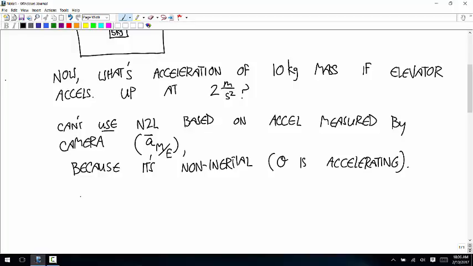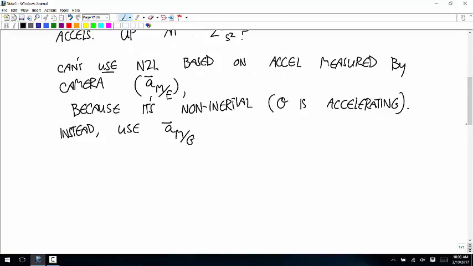So what we have to use is the acceleration of the mass relative to the ground. It depends on it, but it also depends on the acceleration of the elevator.